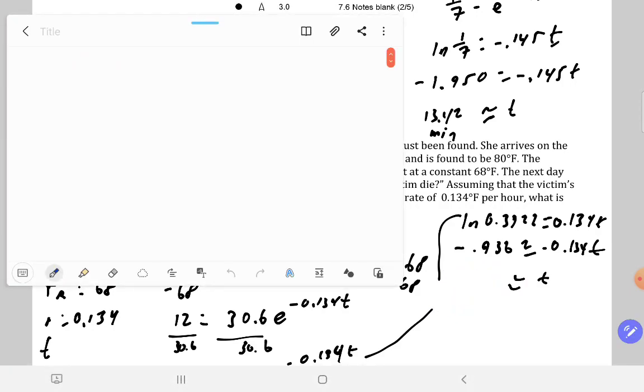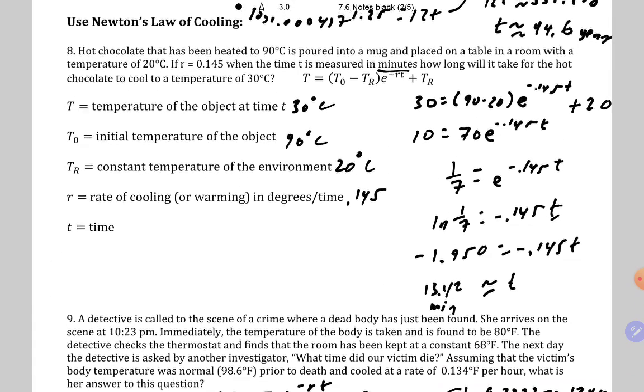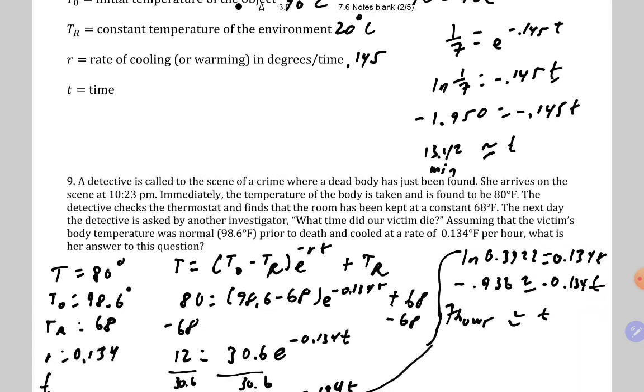Now in the previous problem I had minutes. Why is it hours in this one? Because they told us in the hot chocolate problem that it was measured in minutes versus this one was per hour.